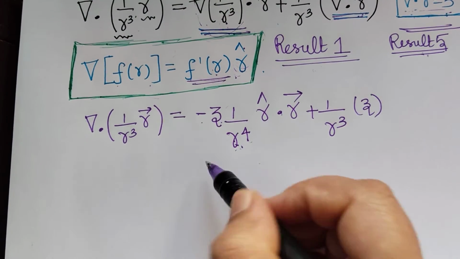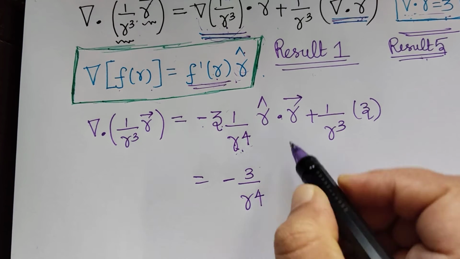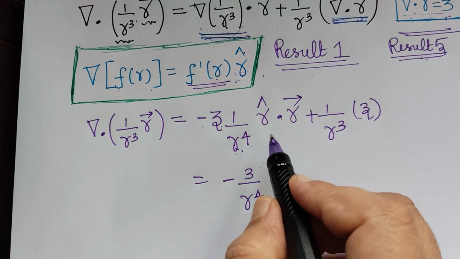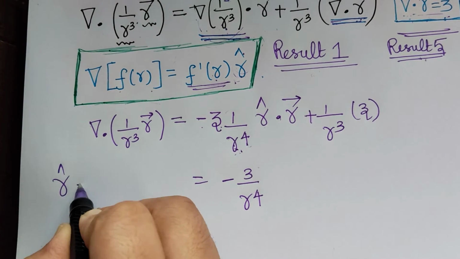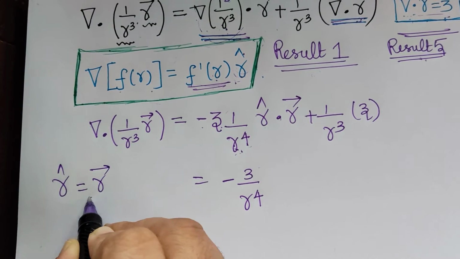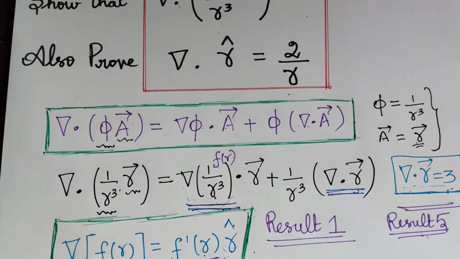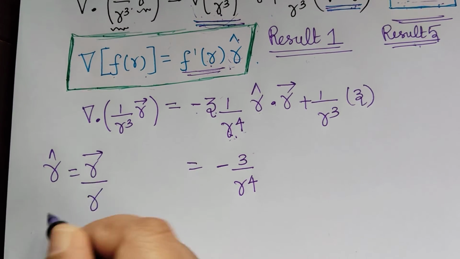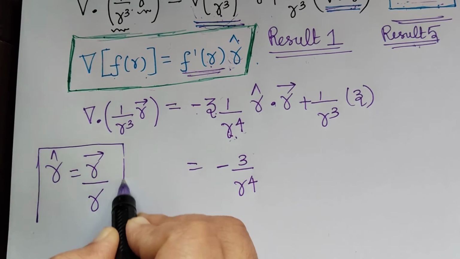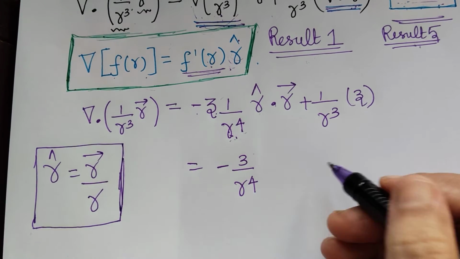Now this is equal to minus 3 by r to the power 4. And what is r cap? We know that under vector identity, the unit vector r cap is equal to r vector divided by modulus of r. What is modulus of r given here? Modulus of r is equal to r. So r cap is equal to r vector divided by r. We will be applying this here.